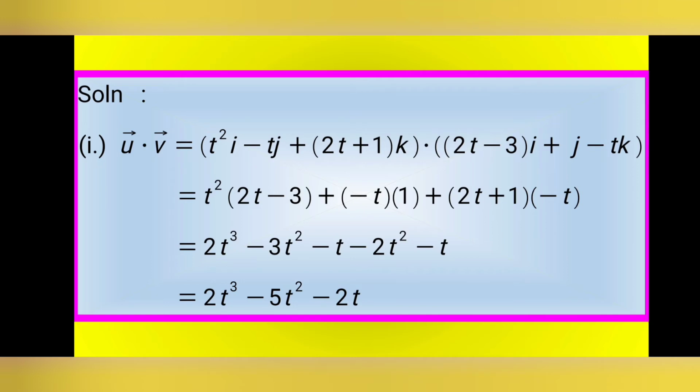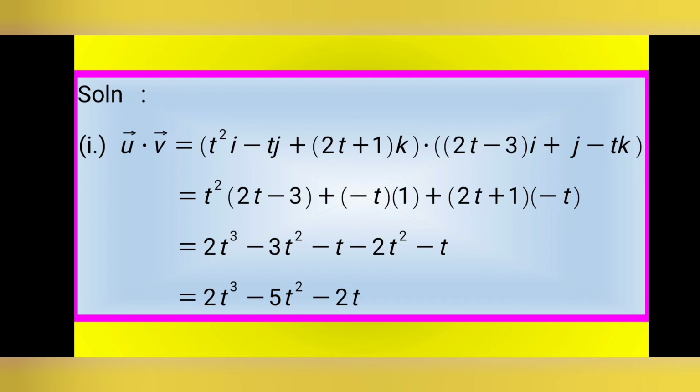Solution. The first one is to find the derivative of u · v. To find that, let's find u · v first. U · v is the dot product of the two vectors u and v. If you want to take the dot product, you multiply the two vectors component-wise.